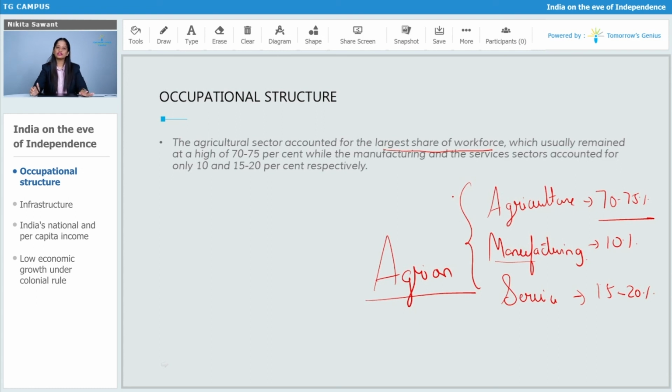So the agricultural sector accounted for the largest share of workforce, 70 to 75%, while the manufacturing sector had 10% of India's total working population, and the service sector had 15 to 20% of the people in the total workforce.